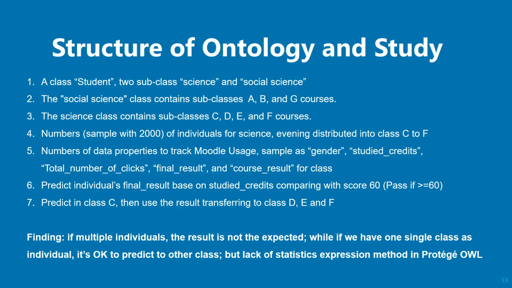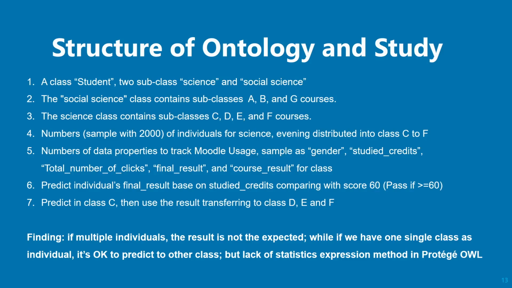But if you have one single individual and you put the value to that individual based on certain rules, then you can transfer that to the other individuals. But if you have multiple individuals, for example, individual 1 got the prediction final result as 1, individual 2 as 0.